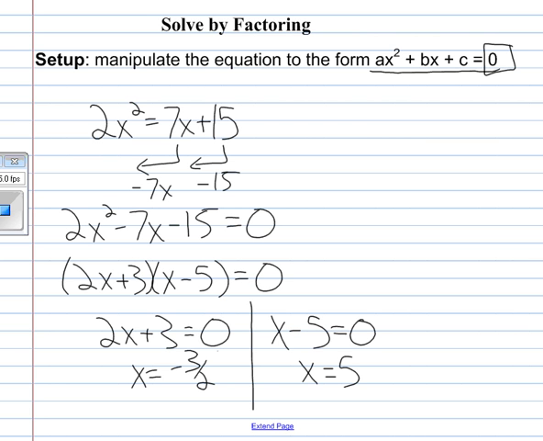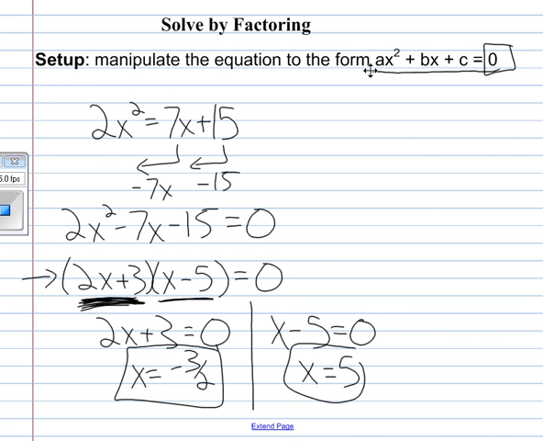Now, how does this work, or why does that work? It works because here we have two factors, which are things that are multiplied. If either one of these factors equals 0, whenever this gets multiplied by whatever, 0 times anything equals 0.